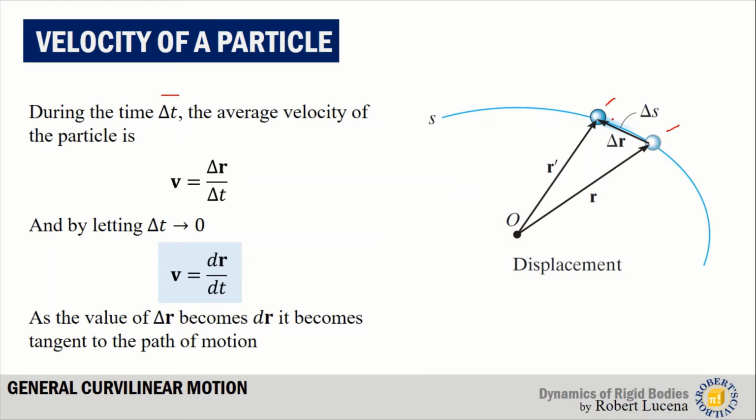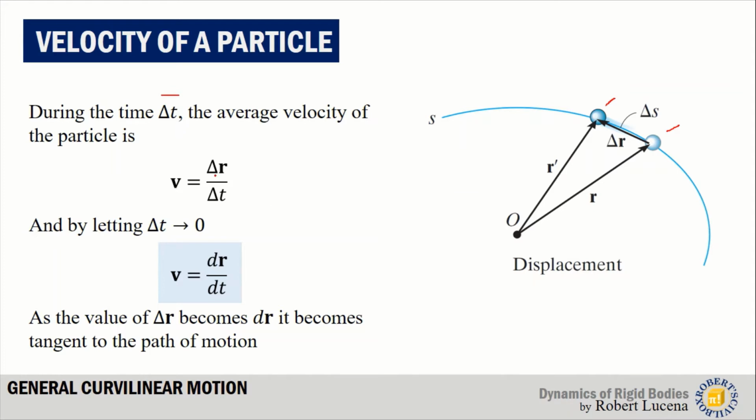But if you reduce this into a differential segment, it could be assumed that delta r touches the curve at one point, then it becomes the tangent of the motion path.